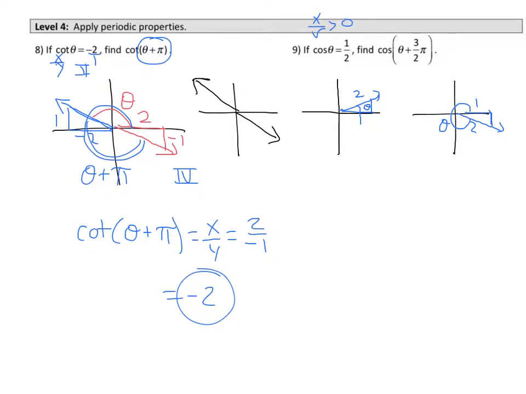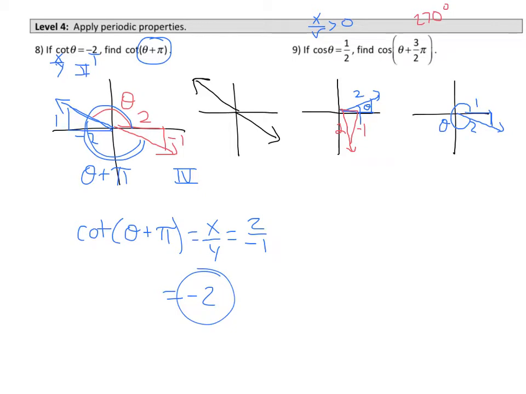Now cosine of theta plus 3 pi over 2, we're adding 270 degrees to that angle, or 3/4 of a circle. If I rotate this angle 270 degrees, I'm going to end up about right there. And the triangle I get would now have still an r value of 2, but the y value is going to be negative 1.